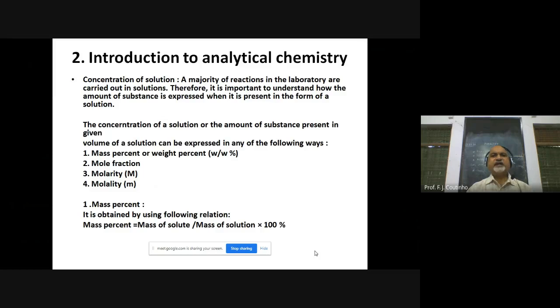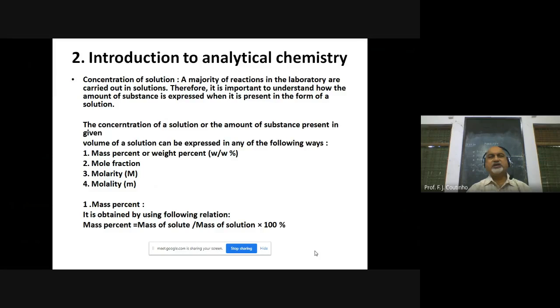The majority of reactions in the laboratory are carried out in concentrated or dilute solutions, a stronger solution or a dilute solution. Therefore, it is very important to understand how the amount of substance is expressed when it is present in the form of a solution. Now, what is a solution?